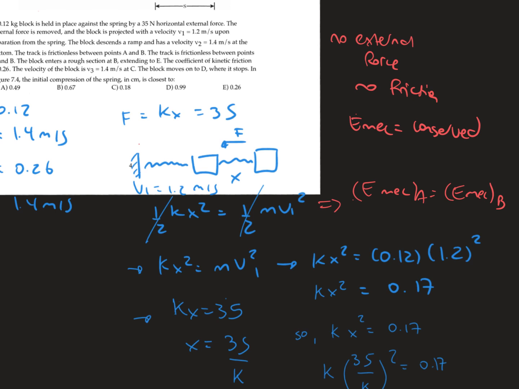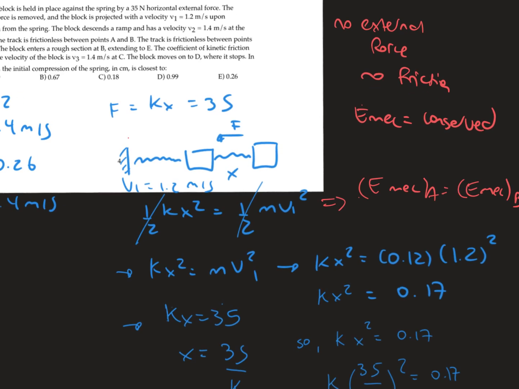The mechanical energy at point A is equal to the mechanical energy at B. So we can rewrite that as 1/2 kx squared being equal to 1/2 m v1 squared. Then we end up with kx squared being m v1 squared.